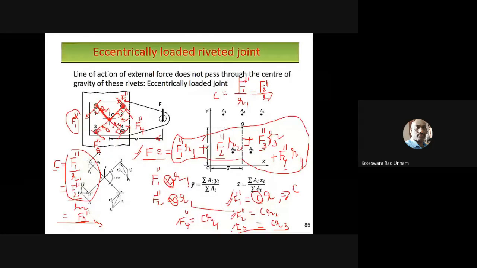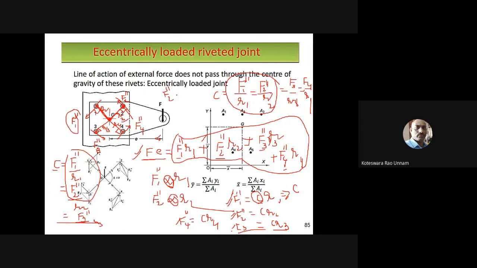C is equal to F1 double dash by R1, F2 double dash by R2, F3 double dash by R3, which is also equal to F4 double dash by R4. Now I have these 4 equations. From these 2 equations, I can identify a relation between F1 double dash and F2 double dash. What is that relation? If I use these 2 equations, I can write F2 double dash as, so for this I need to bring this R2 to this side.